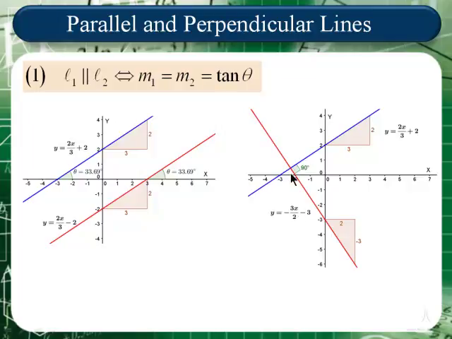And we find that in such a case this angle is 90 degrees, so the two lines will be perpendicular to each other. So we can therefore conclude that if line 1 is perpendicular to line 2, then the product of their gradients will be -1. Or if you can show that the product of the gradients of two lines is equal to -1, then you can conclude that the two lines must be perpendicular to each other.